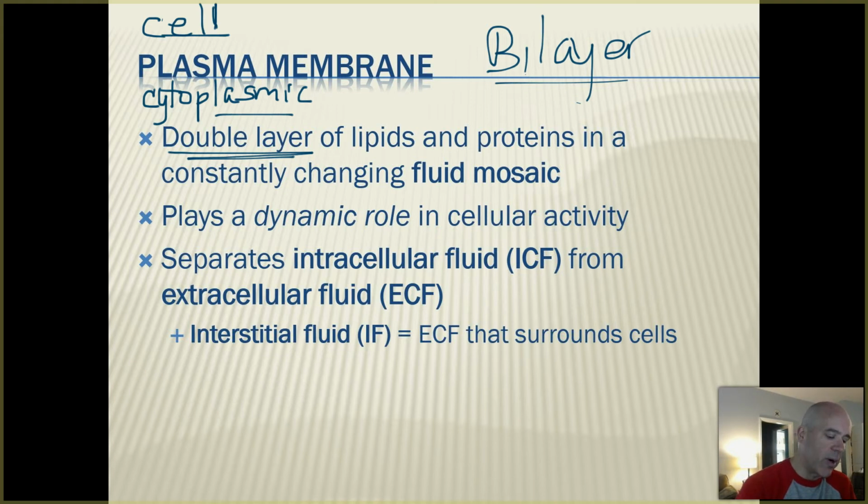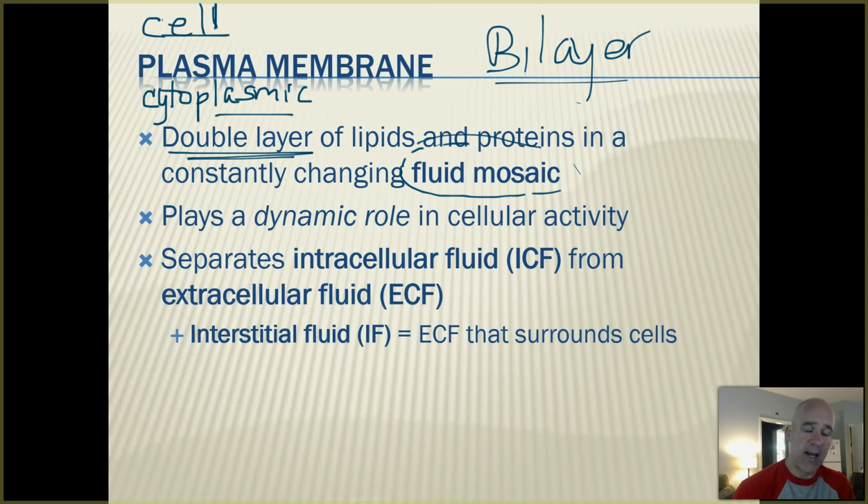The plasma membrane is often referred to as a fluid mosaic. So if you've heard of a mosaic before, that means that tiles are used in a pattern where you can have different colors, different patterns scattered around somewhat randomly within the pattern. And plasma membrane is kind of like that too. You can have different membrane components that have different functions and different roles, and they're scattered around.